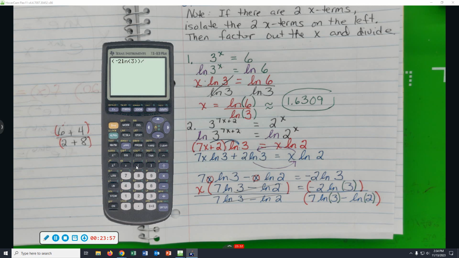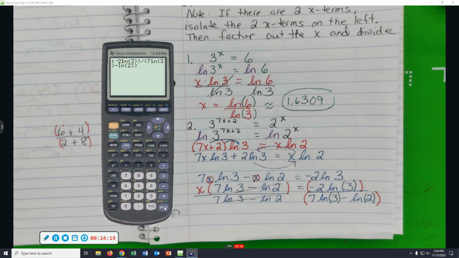Divided by parentheses 7 ln 3 close, minus ln 2. This first click, that's the green parentheses, now the red one.